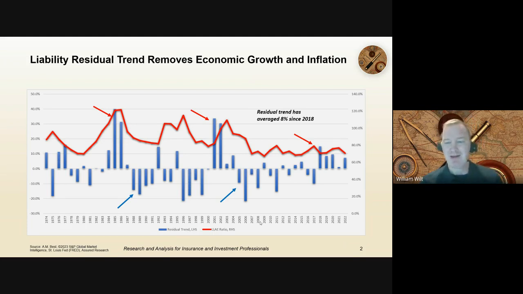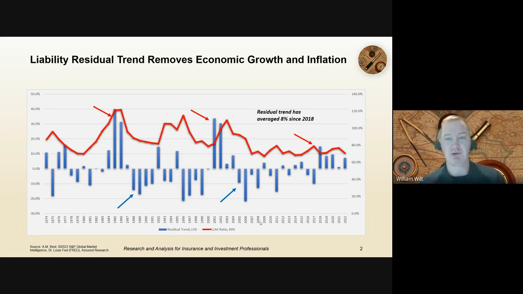So we come away saying that social inflation is a sufficient but not a necessary condition for driving the liability loss ratio higher, which we think is a reasonable interpretation of that graph.